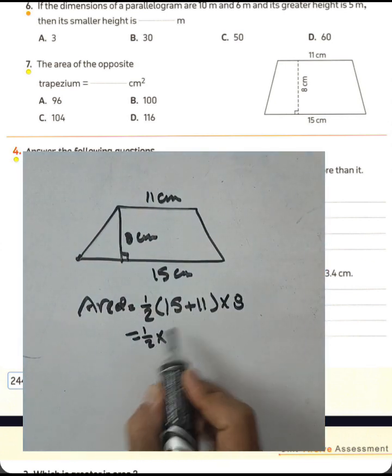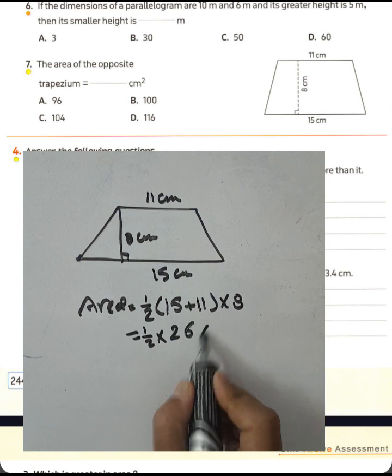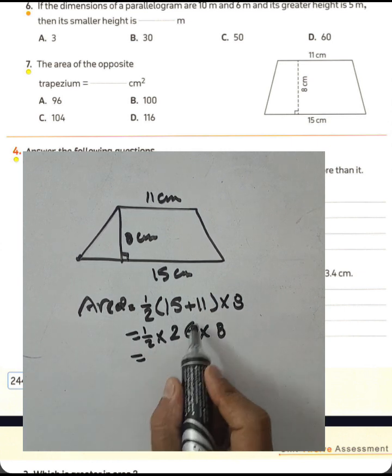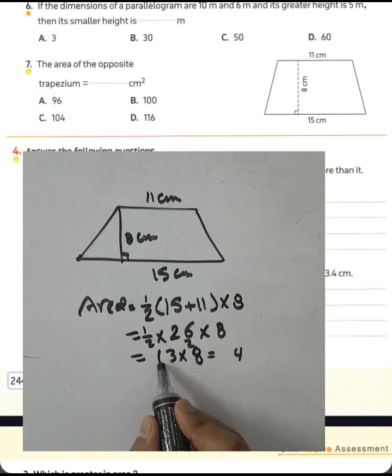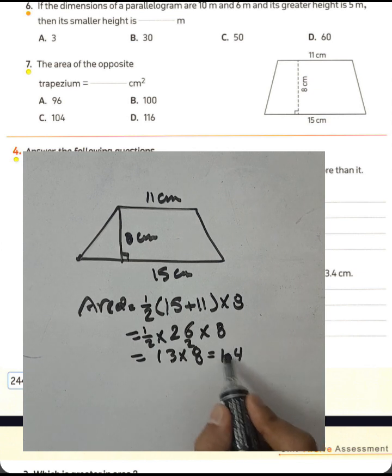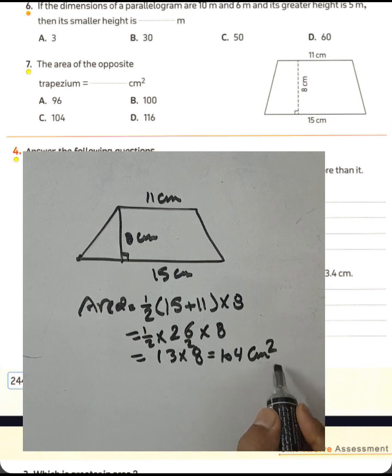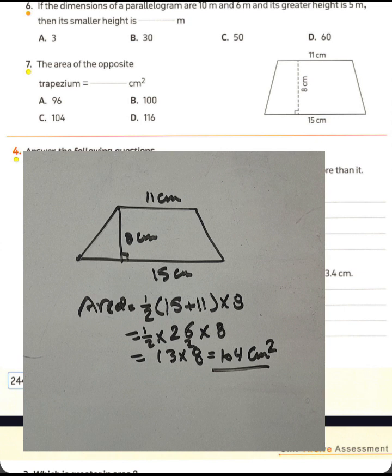Half product by 15 plus 11 equals 26 times 8. Half of 26 equals 13. 13 times 8. 3 times 8 equals 24, write 4 and carry 2. 1 times 8 equals 8. 8 plus 2 equals 10. Result will be 104 square centimeter. Choose letter C for question number 7.